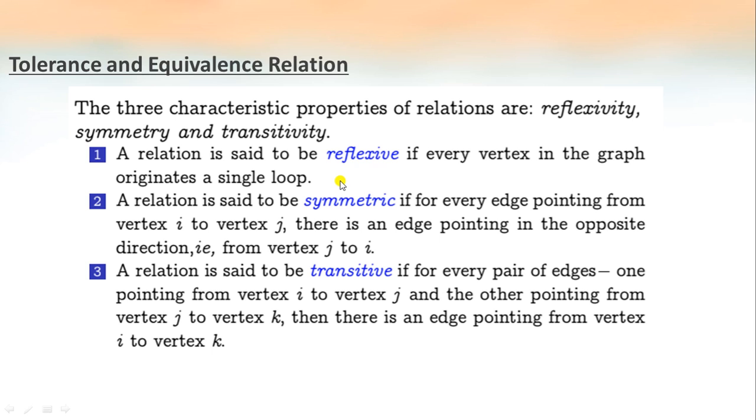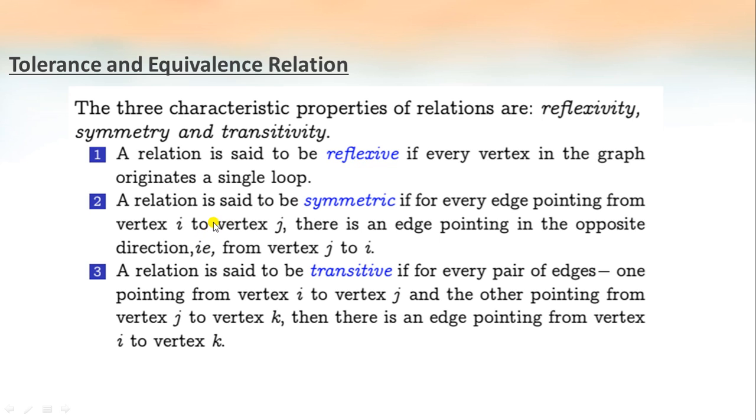Say we have three elements x1, x2, x3 in a relation R. If we have a membership from x1 to x1, x2 to x2 and x3 to x3, that is called a single loop, and if such a situation exists, that relation is called a reflexive relation.